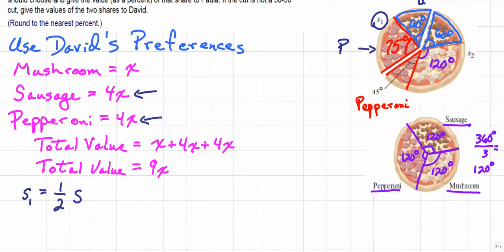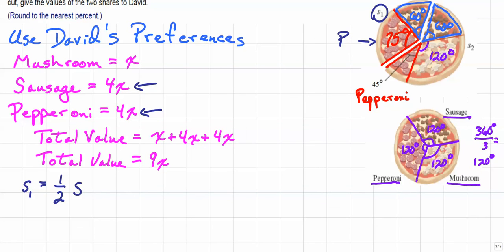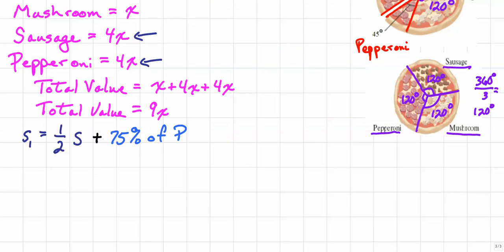And that's what we're going to do for the pepperoni part. Remember that pepperoni is 75%, so we're adding 75% of the pepperoni. Well, in order to do that, we're going to have to make a fraction out of that. So let's go ahead and look at what we have.